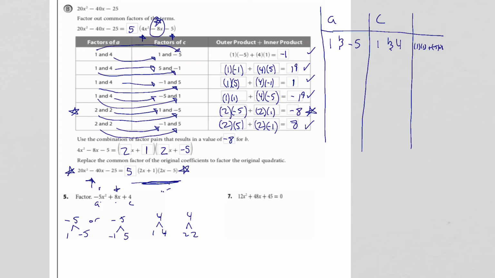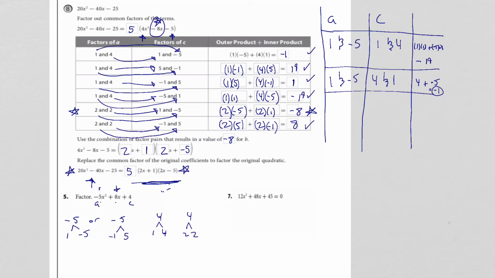You get basically -20 plus 1. And that's going to be a -19. So that doesn't work. What if I tried 4 and 1 instead, and I kept 1 and -5 the same? Well, 1 times 4 is 4, plus essentially -5 times 1 is -5, and that equals a -1, and that doesn't work either.